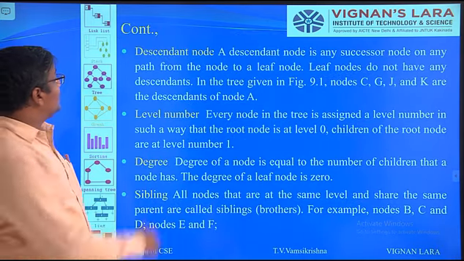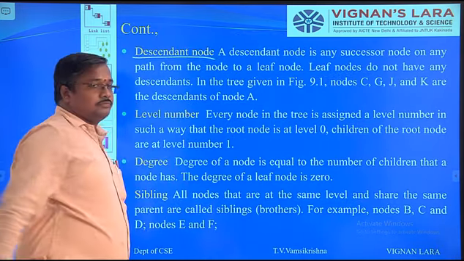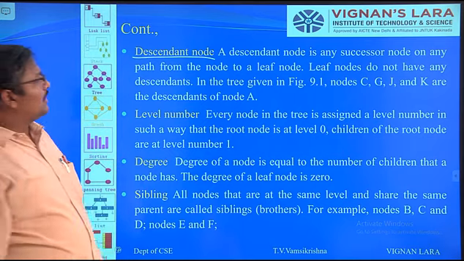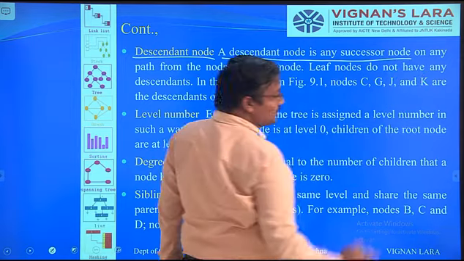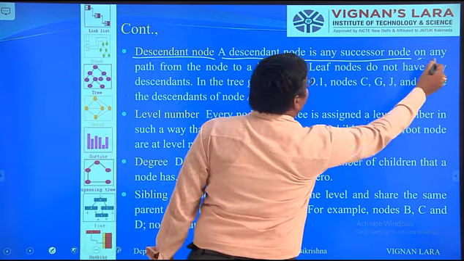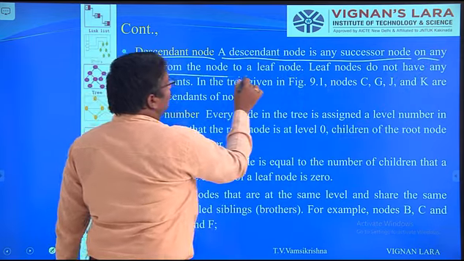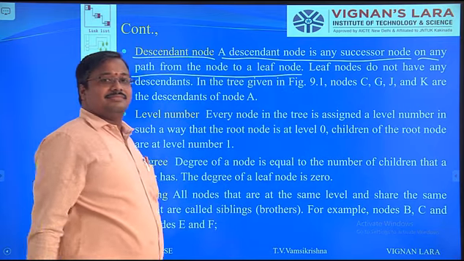Next, what are descendant nodes? Descendant nodes are nothing but a kind of successor nodes. A descendant node is any successor node on any path from the node to a leaf node.